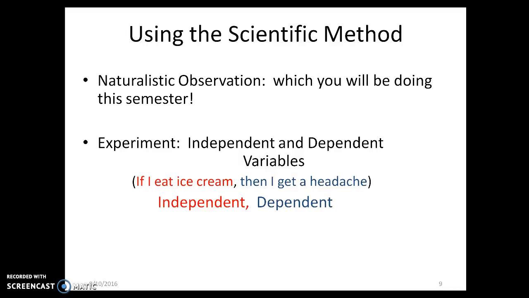So the if is the independent variable, it stands alone. The dependent variable is depending upon the independent variable. So getting a headache depends upon eating the ice cream. So just a helpful little hint to how to remember independent versus dependent variables.